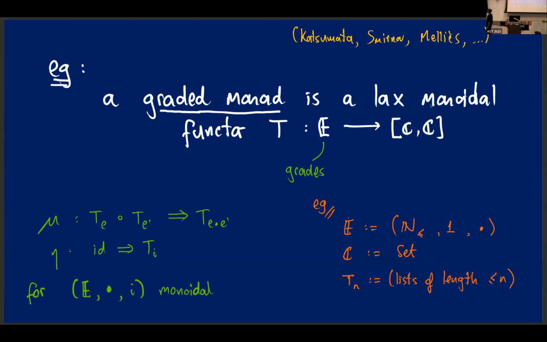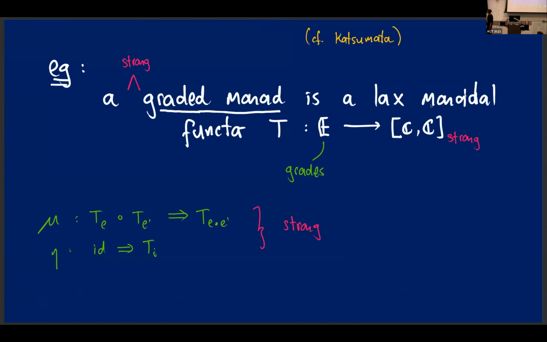For an example of this, you can think of lists of length n. It's a refinement of the list monad, where instead of taking all the lists, I can take lists of length n, so I can reason about how many paths I've taken so far, for example. Rather than just some number n, I can say it's at most n, and start reasoning with that instead of a more fine-grained semantics.